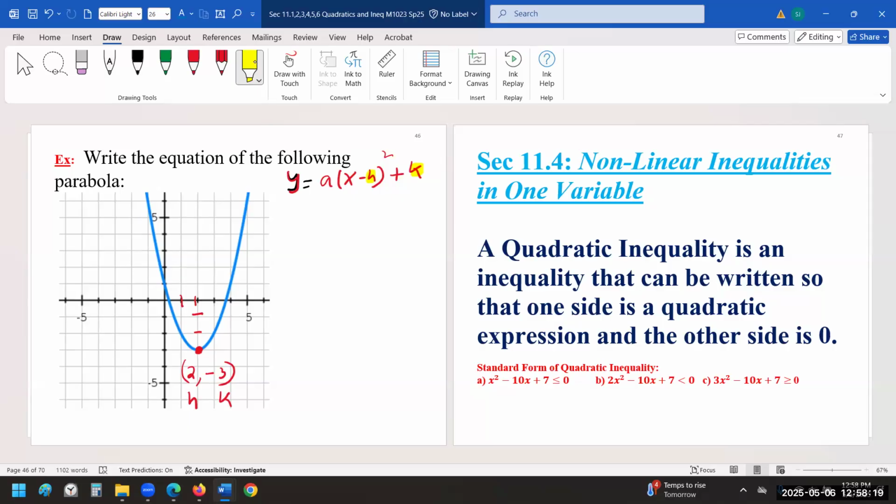So to find a, we just need to replace x and y. We can replace x and y with any xy value from this parabola. My favorite one is the y-intercept. You can take the y-intercept, or you can take any points that has a whole number x, whole number y. So if you take the y-intercept, our x value is 0, y is 1.